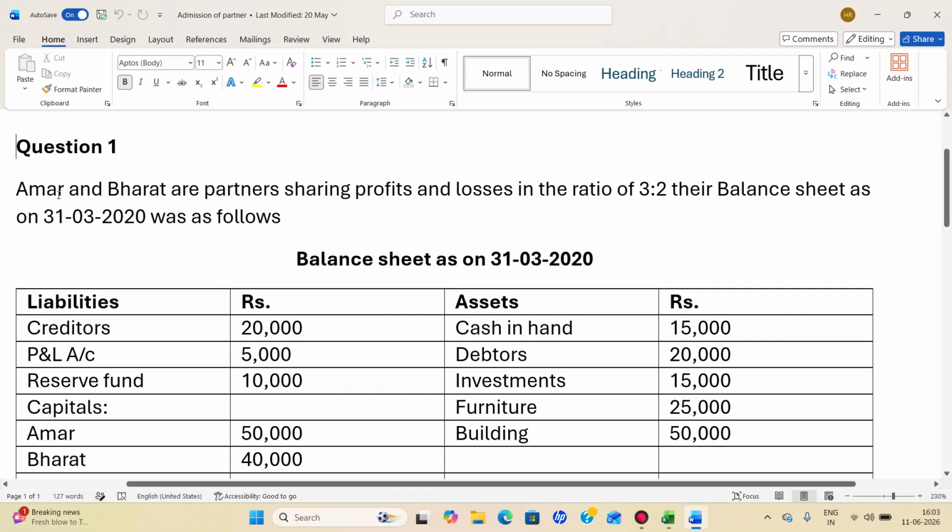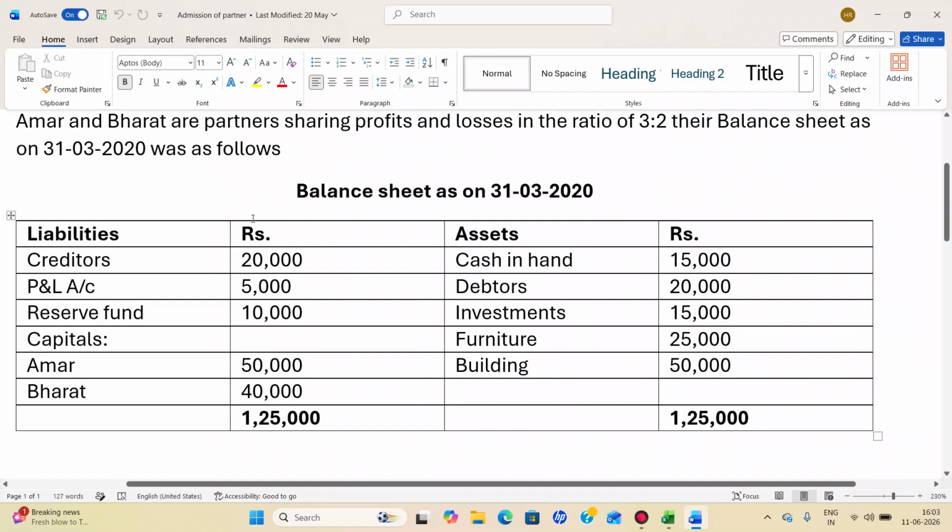Here, Amar and Bharat are partners, sharing profits and losses in the ratio of 3:2. 3 is Amar's, Bharat's is 2, that is 3 by 5, 2 by 5. Their balance sheet as on 31/3/2020 was as follows. Liabilities are given, assets are given.